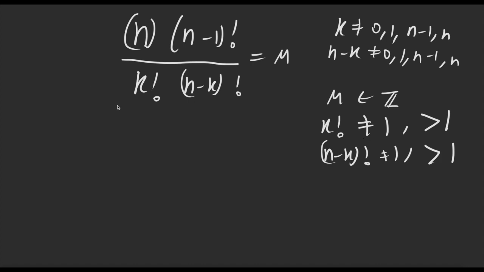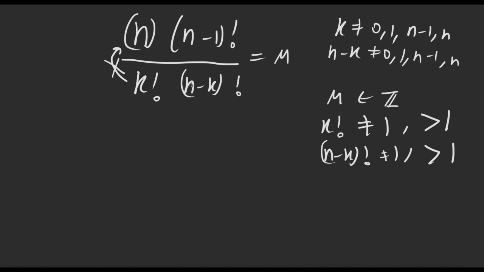So now let's come back to this expression, and now we can see that k factorial cannot divide n. Why am I saying that? Because if k factorial divides n, then we have a natural number greater than 1 which divides n, which is actually a prime number, and that would contradict the fact that n is a prime number.